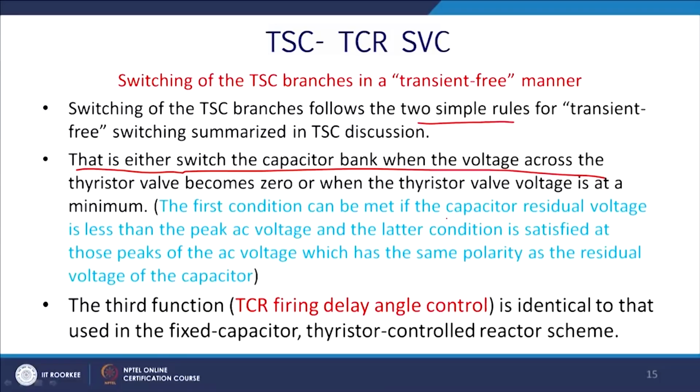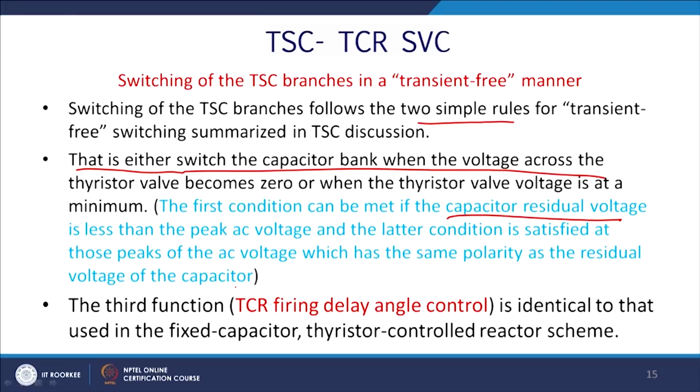The first condition can be met if the capacitor residual voltage is less than the peak voltage, and the latter condition is satisfied at those peaks of the AC voltage which have the same polarity as the residual voltage of the capacitor. For this reason, you will sense, every moment, the voltage across the thyristor, and also check its polarity, and then you design the triggering pulse in that manner.